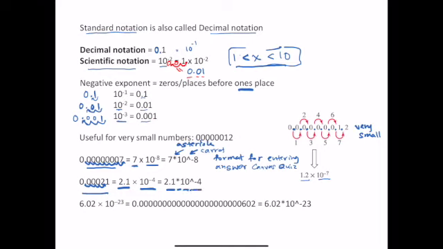And when you have this scientific notation with a negative exponent, it means it's a very small number with a bunch of zeros in the front. So the negative exponent is indicating a very small number, not a negative number.